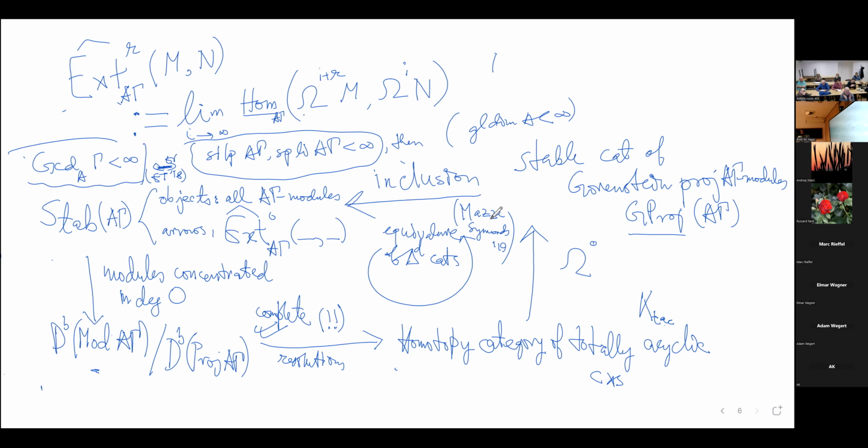So to be sure, I want to rephrase what you said. So this means that these two stable categories... Yeah. But wait a minute. So these are triangulated categories. These are what, abelian or? No. All of these are triangulated categories. Equivalence of triangulated. Okay. So by stab you mean the stable category? No, by stab I mean all objects, and for arrows I'm taking the zeroth complete cohomology group.